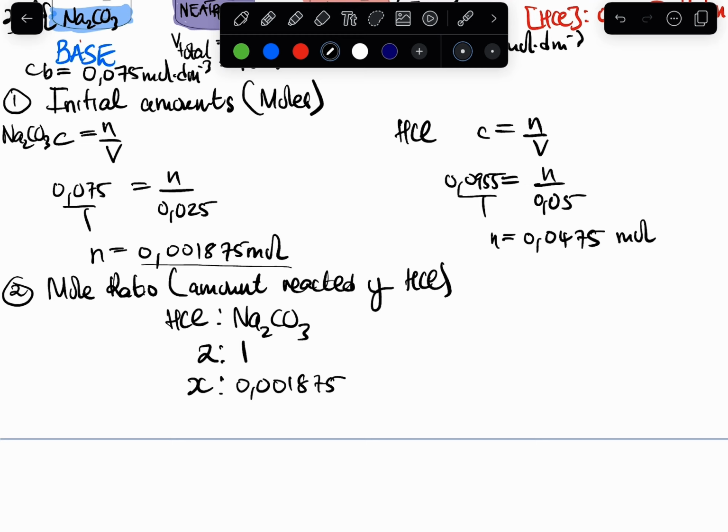The answer, your X, will be 0.0038 mole. So this is an amount of HCl reacted with the sodium carbonate.